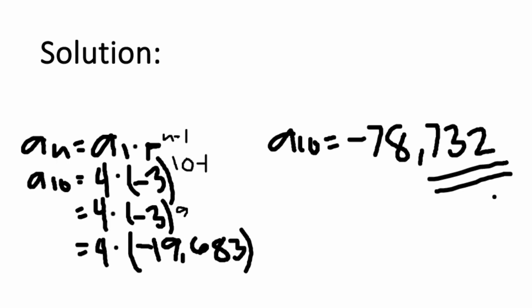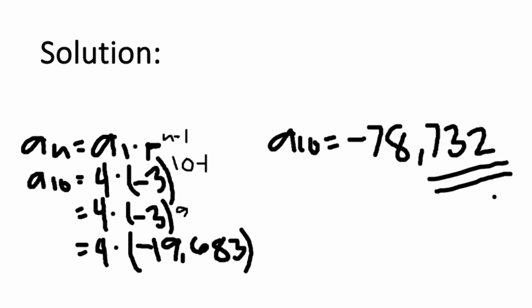So we will use the geometric sequence formula. The 10th term equals 4 times negative 3 raised to the 10th power minus 1. So it will be 4 times negative 3 raised to the 9th power because 10 minus 1 equals 9. Equals 4 times negative 19,683. Why?